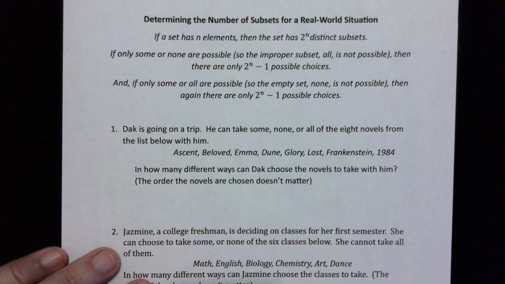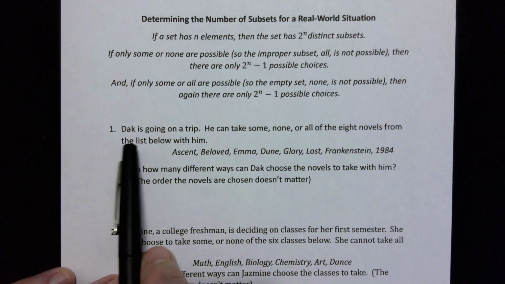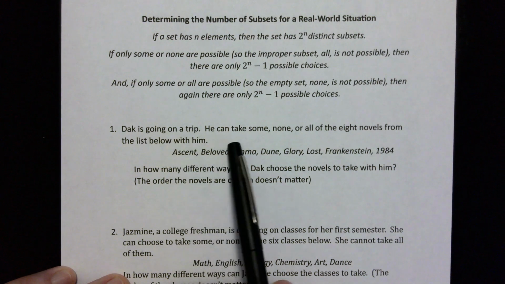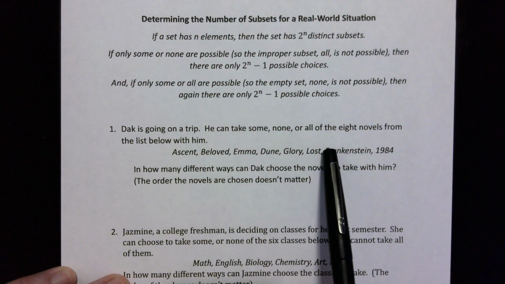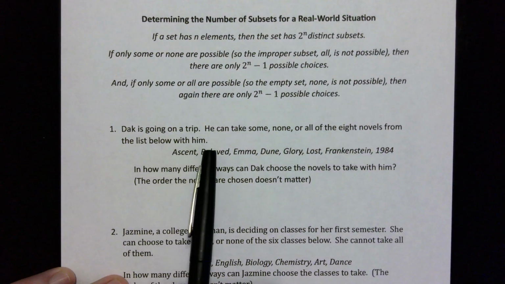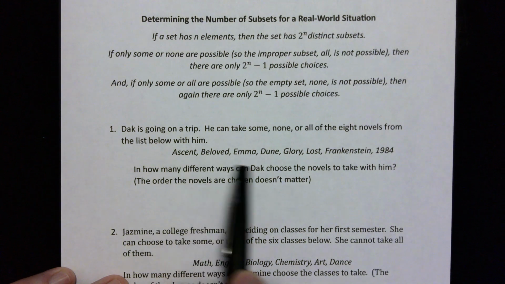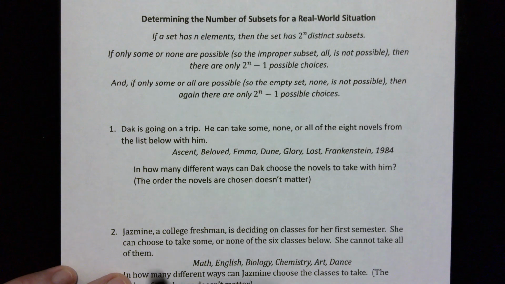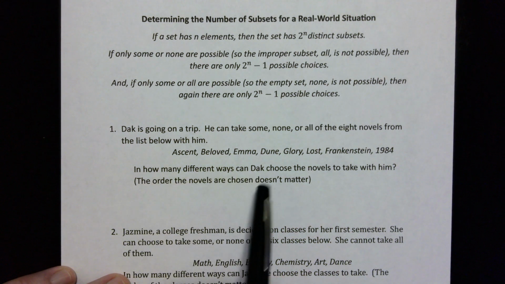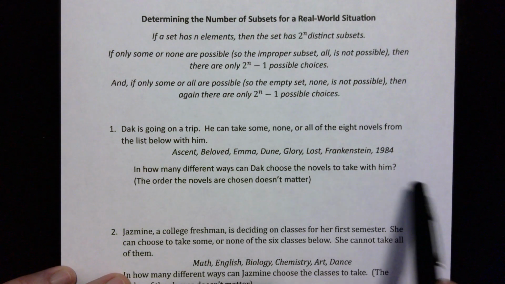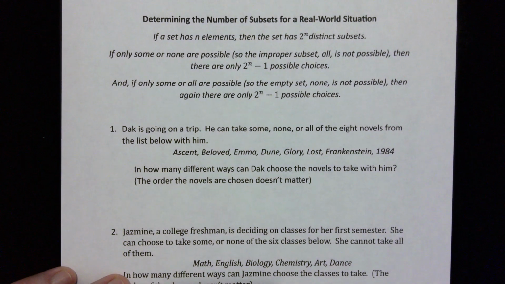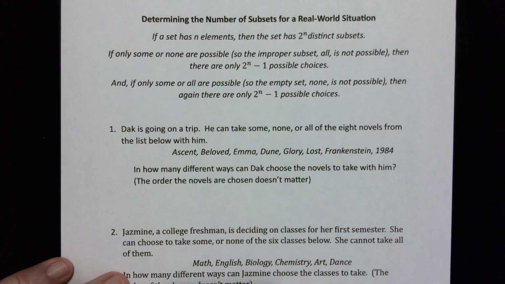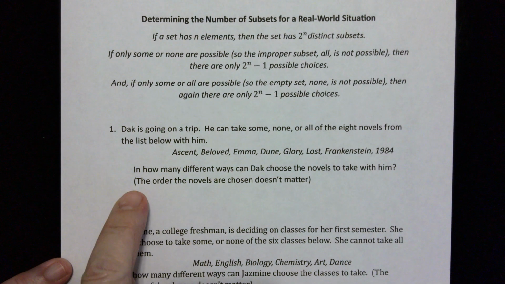Okay, so let's look at the first one and see if we can do it. Dak is going on a trip. He can take some, none, or all of the 8 novels from the list below with him: Ascent, Beloved, Emma, Dune, Glory, Lost, Frankenstein, 1984. In how many different ways can Dak choose the novels to take with him? The order doesn't matter. We have to look closely at what it says.